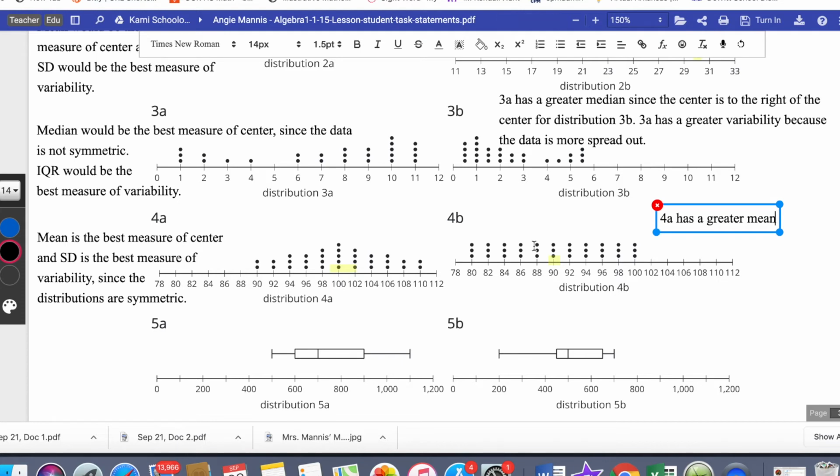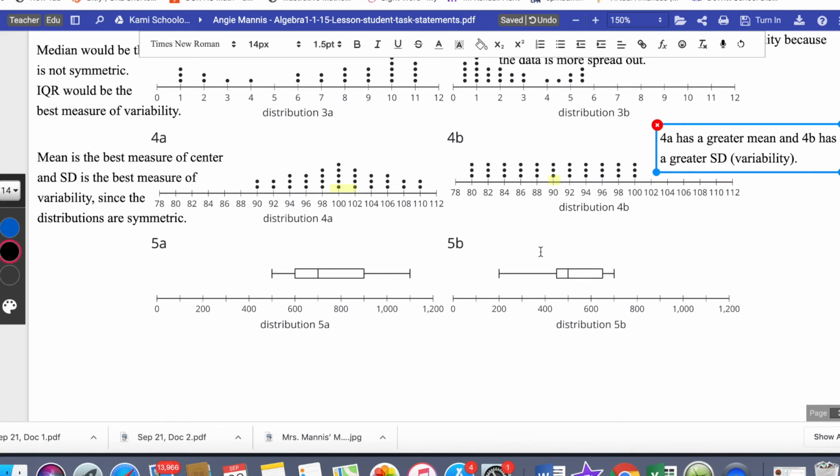So 4A has a greater mean, and 4B has a greater standard deviation, which is variability. The data in 4A is more clustered together, so it's going to have a smaller standard deviation.